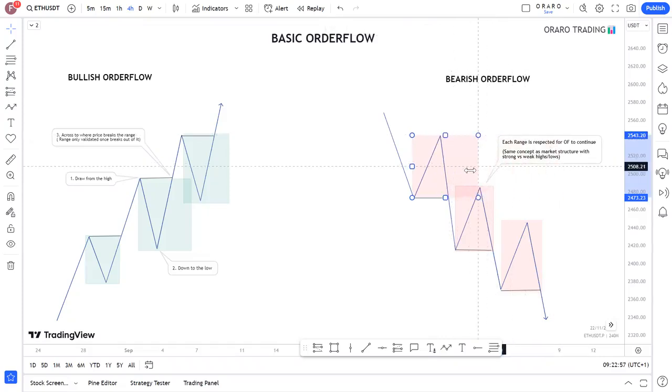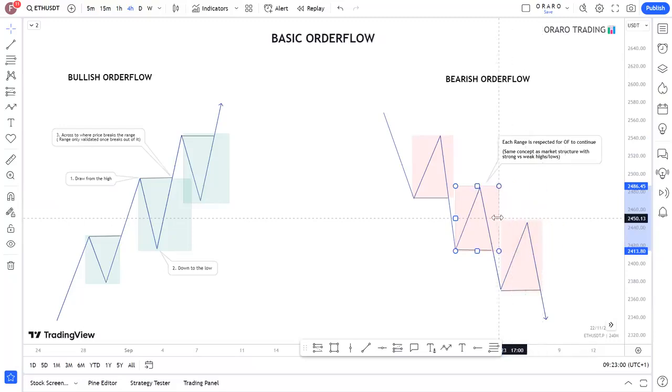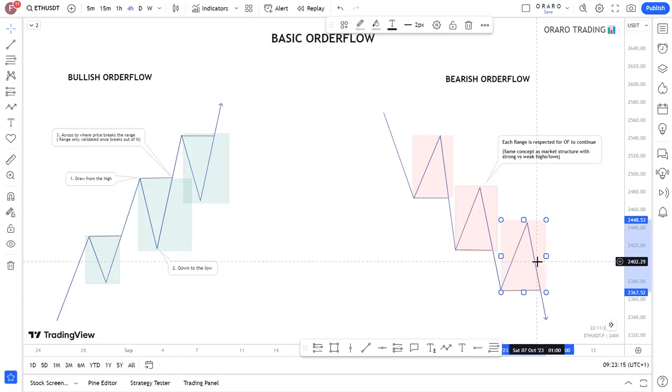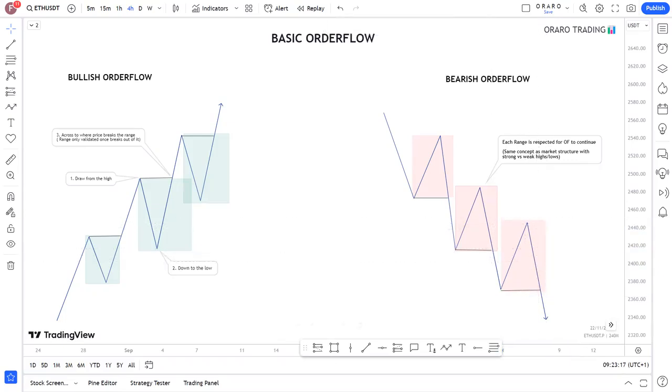You can see price has to respect the order flow range. I hope this is clear. So price has to what? Initiate out of the range and continue the next.